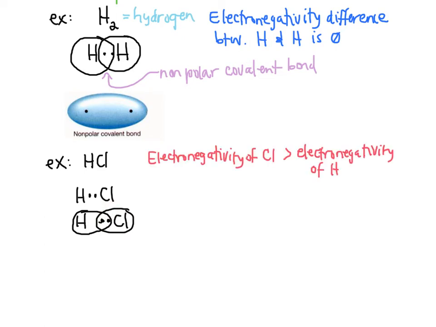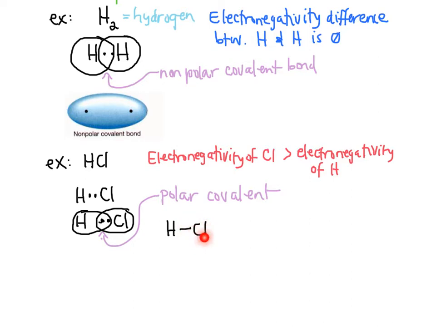Because the electronegativity of chlorine is greater than that of hydrogen, this bond is considered polar covalent. If you think about what polar means, like the Earth has poles or a magnet has poles, polar means you've got two oppositely charged ends to this bond.